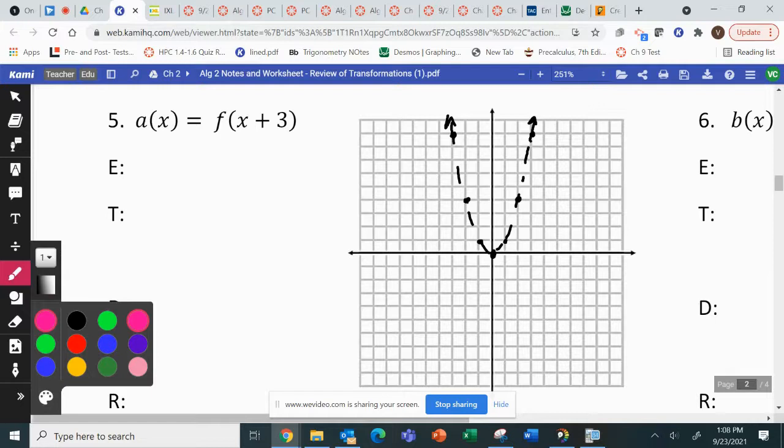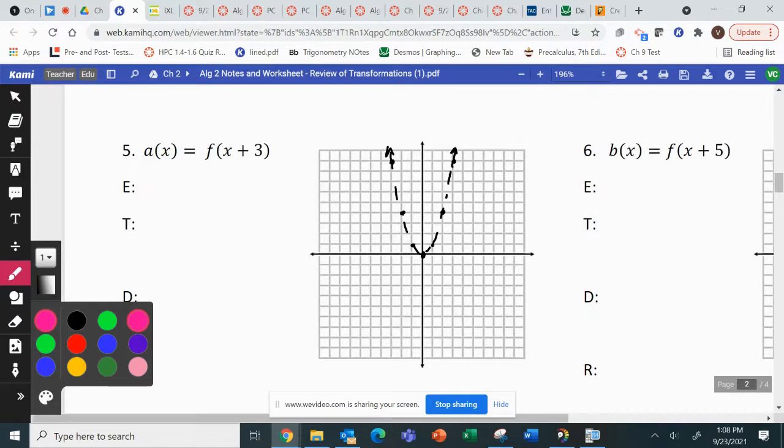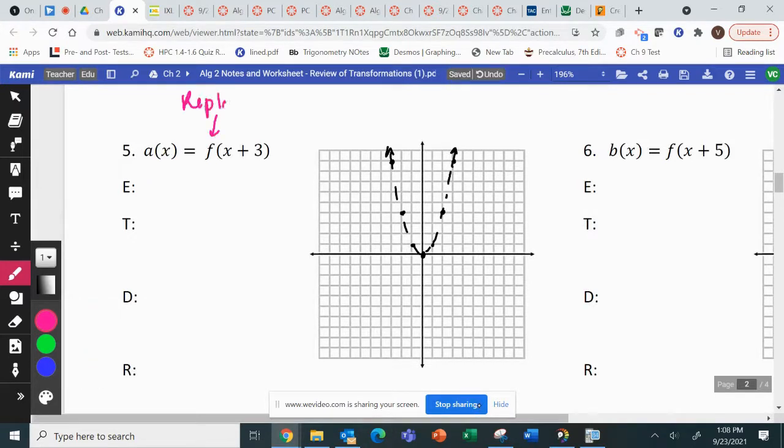So if I have f of x plus 3, where's the x plus 3 going? When we have something like this, it means replace x with parenthesis x plus 3. So that x plus 3 is going inside of the function.